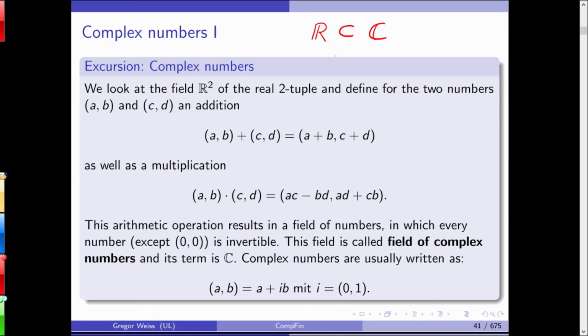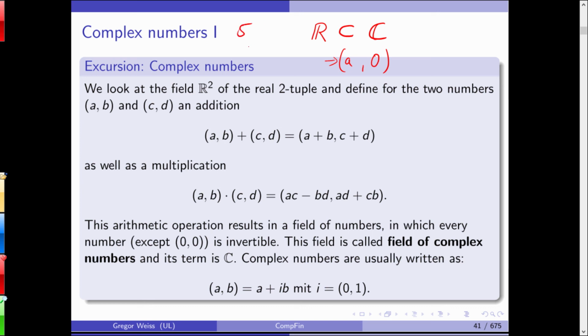It's quite simple. Any real number (a, 0) is a real number, and it's also included in the field of complex numbers. The nice results are here, for example, also every number except 0 is invertible relative to addition and multiplication, so you can always find the inverse. The same in the real numbers.